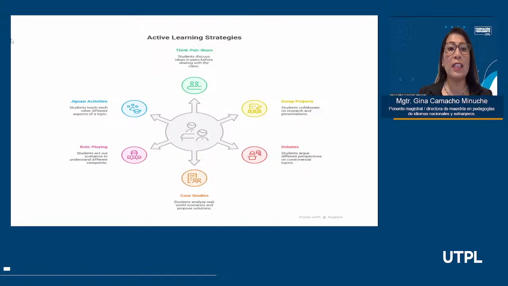Here we have some active learning strategies, okay? And the first one is think, pair, share. For applying this strategy, you need to pair your students, to ask them to work in pairs. And together, they can analyze a text, they can share ideas.